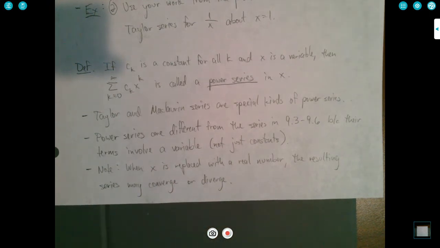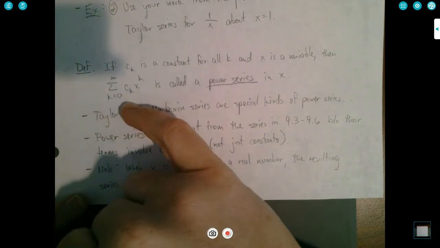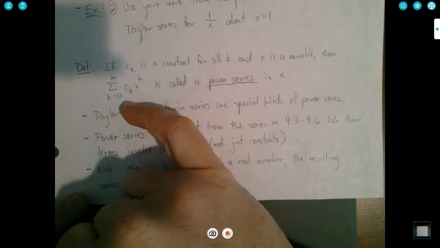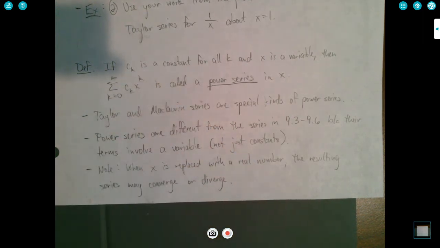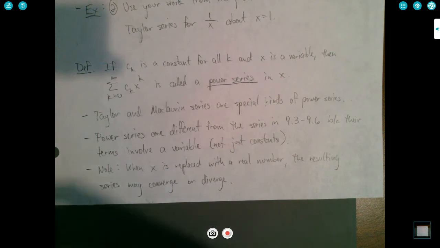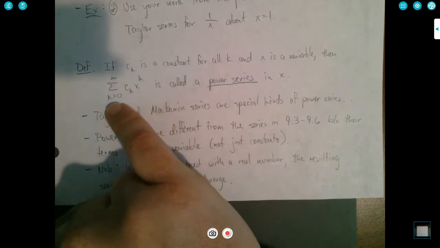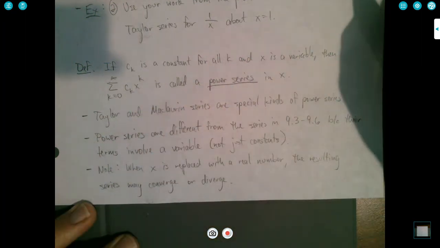So it yields an interesting question: for what values of x does this power series converge or diverge? Of course, that's going to depend on what the power series looks like. But it turns out that we can solve for the values of x for which this kind of power series will converge or diverge.